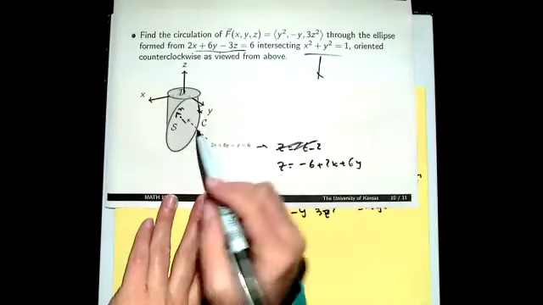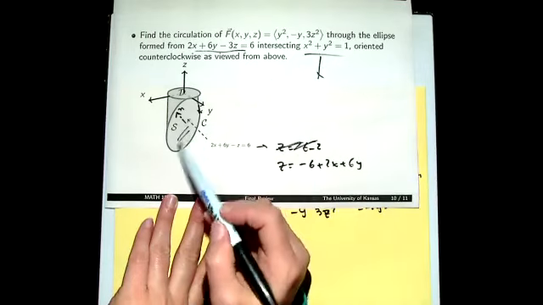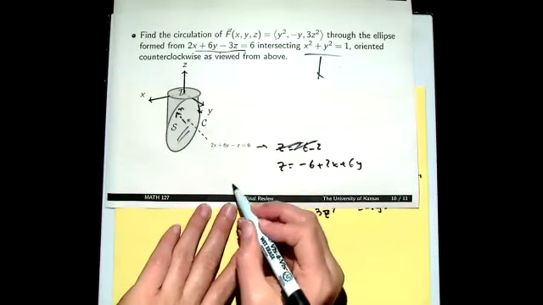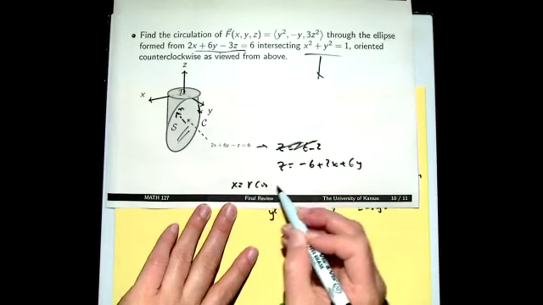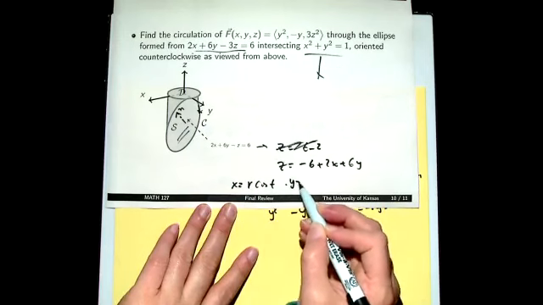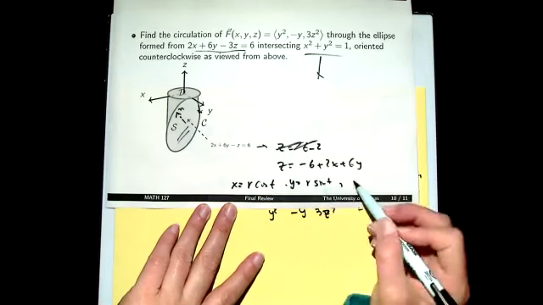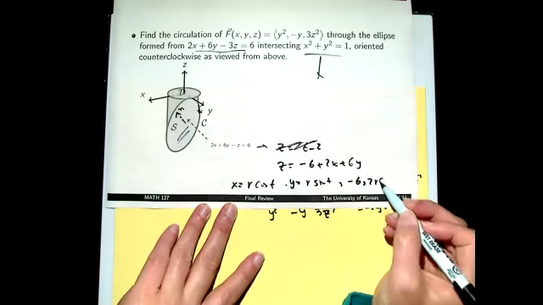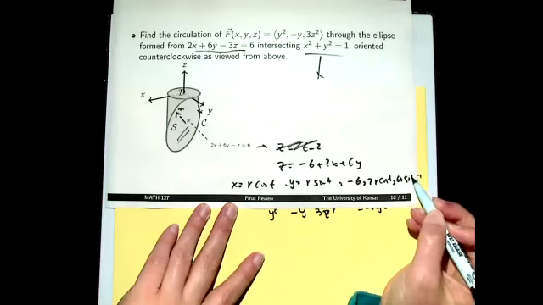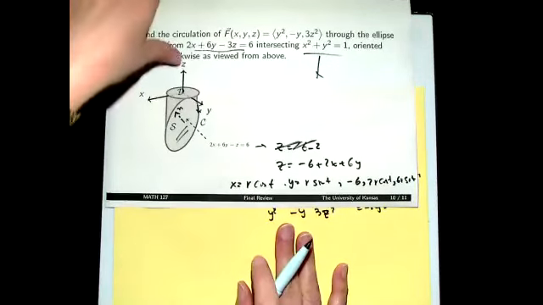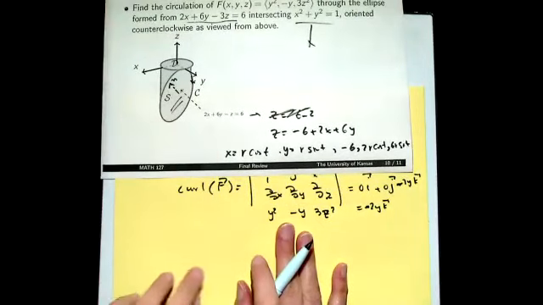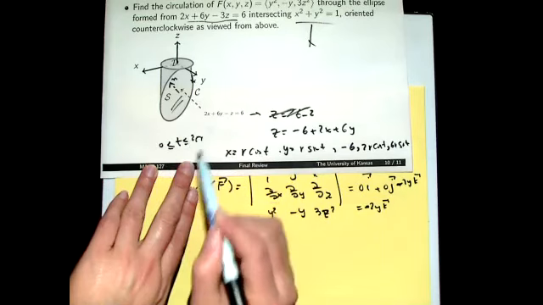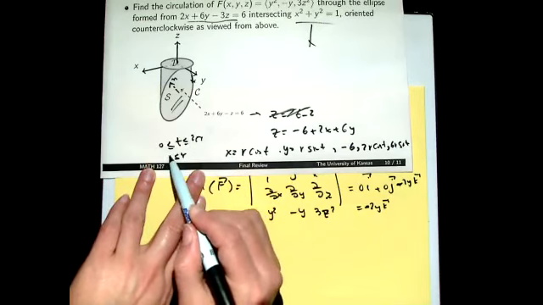Then, because I know that x and y are within this circle, I use x equals r cosine t and y equals r sine t, and then z equals, plug those in. That's the parameterization I do. That gives me t between 0 and 2 pi, and r between 0 and 1.